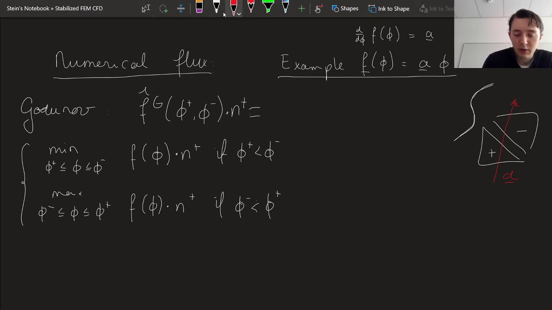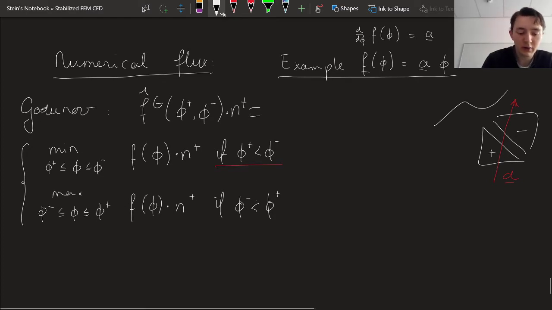So then we're dealing with this case here. Then our Godunov flux is going to be equal to the minimal of f phi dot n plus. And if we deal with a traveling wave that looks opposite to that, so we have a larger value upwind, then our Godunov flux is going to be the maximum of f phi dot n plus.